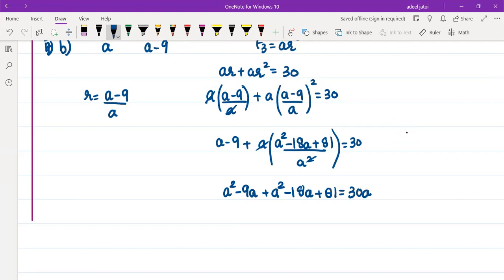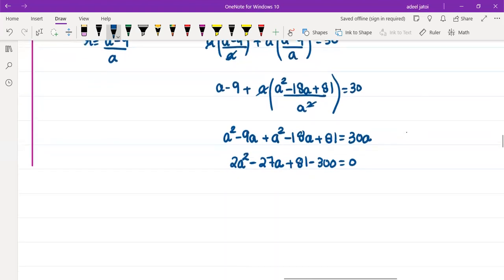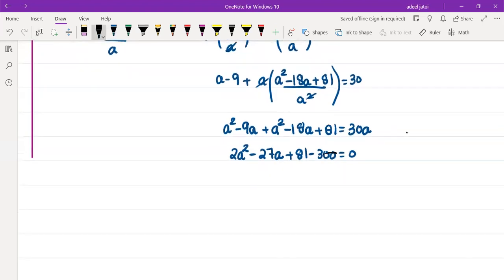Taking down LCM first and then multiplying A with 30. So A will become what? 2A square minus 9A minus 18A is minus 27A and plus 81 minus 30A, sorry. This is 30A.